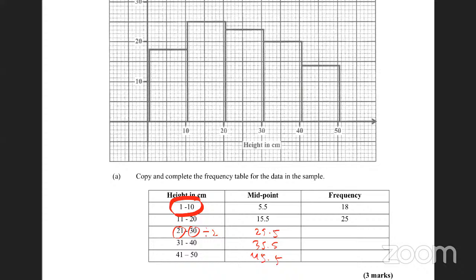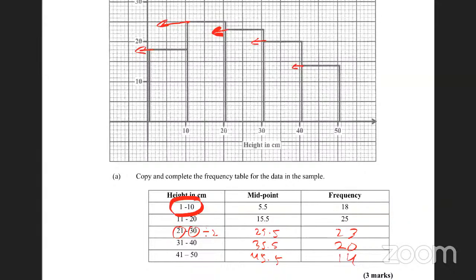Right, so basically you're just reading the value. 18. Then you read off here, that's 25. Then here, that's 23. Then here, that's 20. Then here, that's 14. Are you okay with that? So you're just reading off the bars.